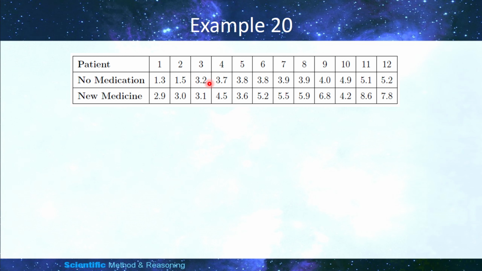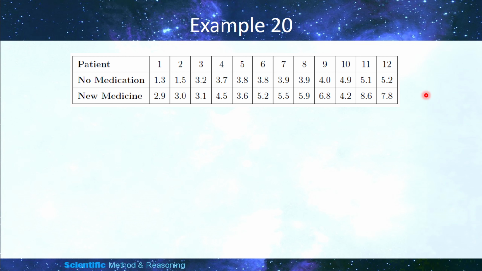Okay, no improvement, but deteriorated. And similarly, we have 1 and 2, this patient also deteriorated. 3 patients deteriorated out of 12, while 9 showed improvement. Okay, 9 out of 12 showed some improvement after taking the new medication.